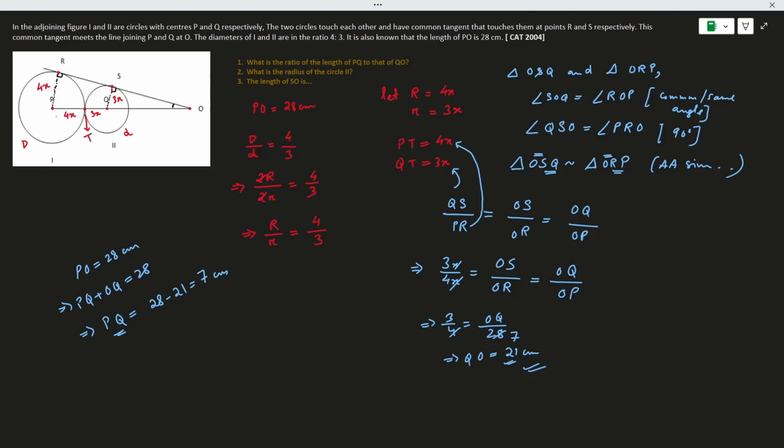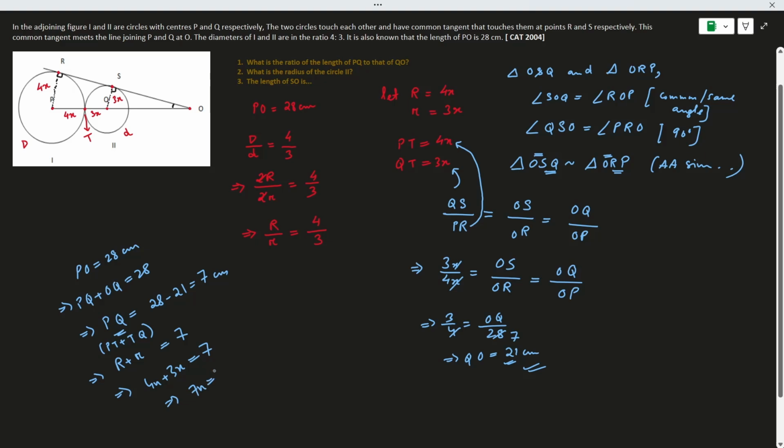If you look at the diagram, PQ is nothing but the summation of the radii of the two circles, or PT plus TQ. PT is capital R, TQ is small r. Capital R is 4x, small r is 3x. So from here 7x equals 7, you will get x equal to 1.